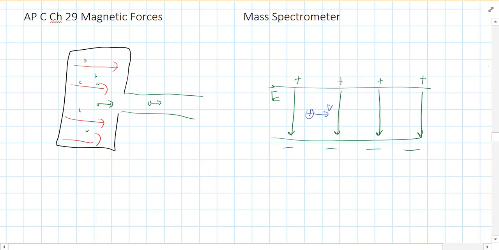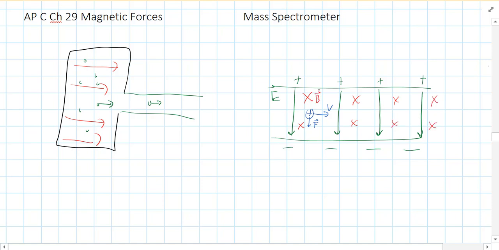If that were the only thing going on, the particles would feel a force downward and crash into the bottom of the device. So in addition to the electric field, you also have the particles in a magnetic field in the same location.